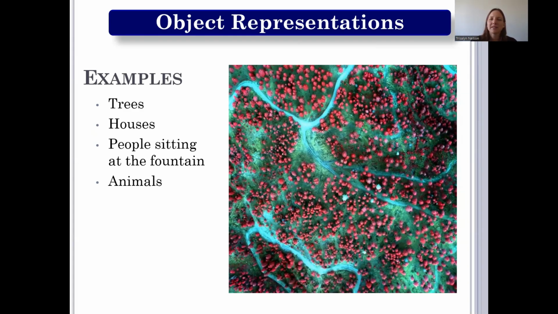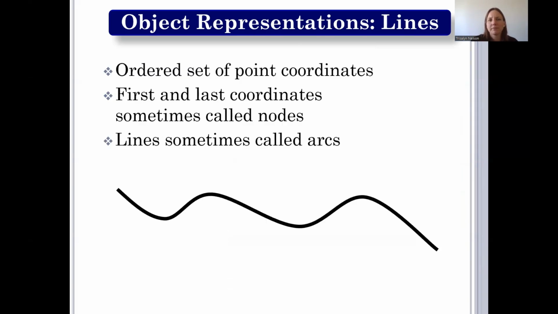You wouldn't necessarily map a cluster of people as points, though there are cases where that occurs, but more often it would be like every point. This is a near infrared image of a forest, and you can see there are streams, and all those pink things are different trees. If you made a map where every single one of those was a point, that would be a good example. And the points are considered the simplest form.